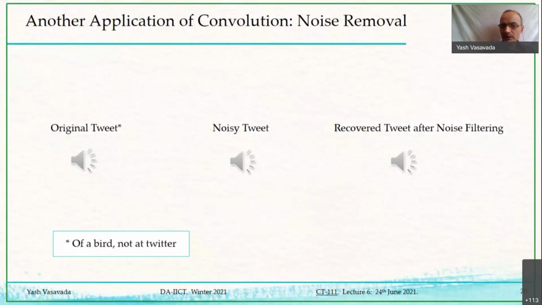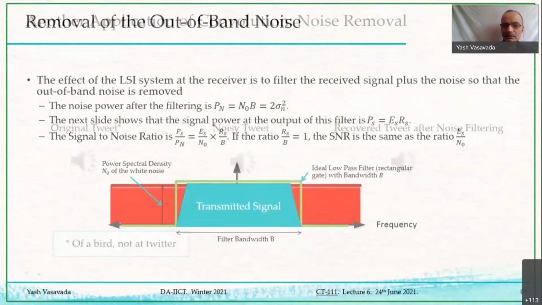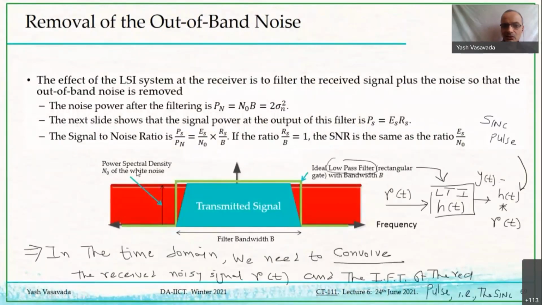And then if you play this audio, you will see that all of this other noise which was outside of the band of the bird tweeting got zeroed out, because in frequency domain, the Fourier transform of the SINC pulse, which is this rectangle in the green, zeroed out all of this other out of band noise.